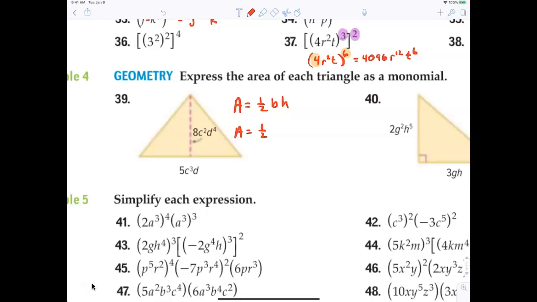Tell me what the base is. 5c to the 3rd times d, and then the height is what? Beautiful. Okay. So now the area. Do the numbers first. 1/2 of 5 times 8. What's that? 20. Good job, kiddo. 20.